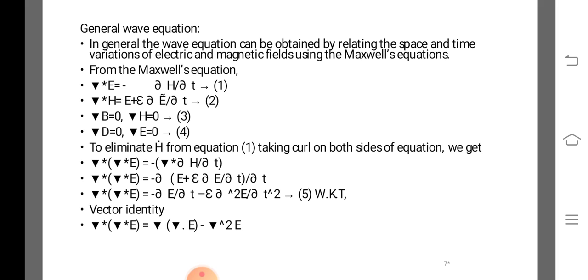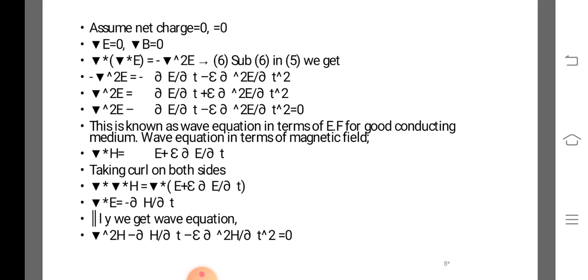Then finally, del cross del cross E equal to minus mu sigma dou E by dou t minus mu epsilon dou squared E by dou t squared. The vector identity is del cross del cross E equal to del of del dot E minus del squared E. Assume net charge equal to 0, so we get del dot E equal to 0, del dot B equal to 0.